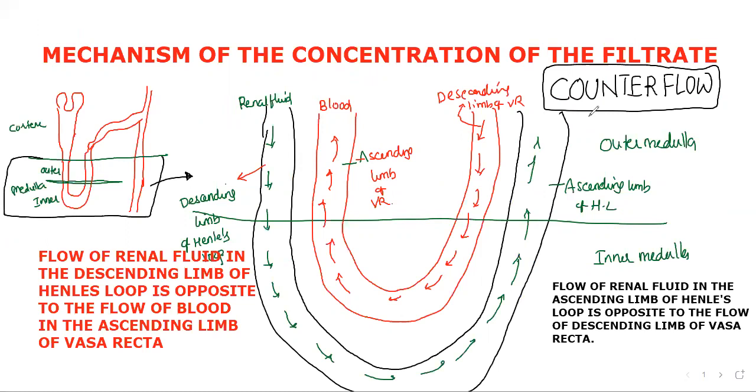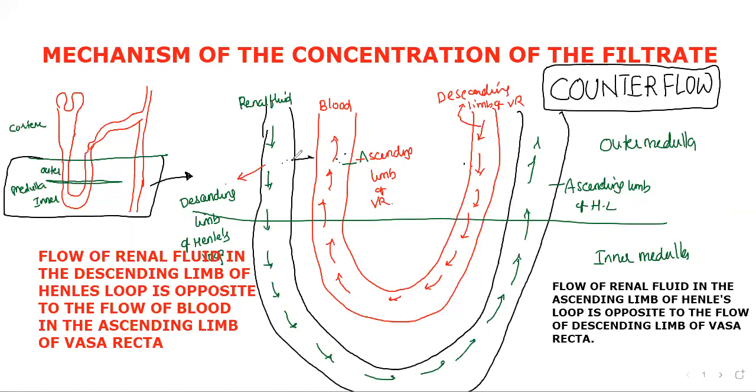The flow of the blood through the two limbs of vasa recta is also in counter current pattern, because in the descending limb blood is going down, in the ascending limb blood is going up. The proximity between the Henle loop and vasa recta, as well as counter current.